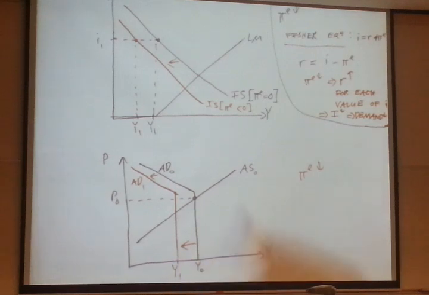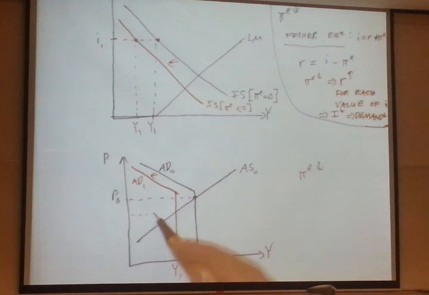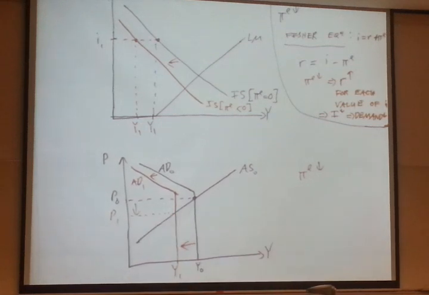Assuming for now there's no effect on aggregate supply, price level would fall. Output will fall. Does that make sense?